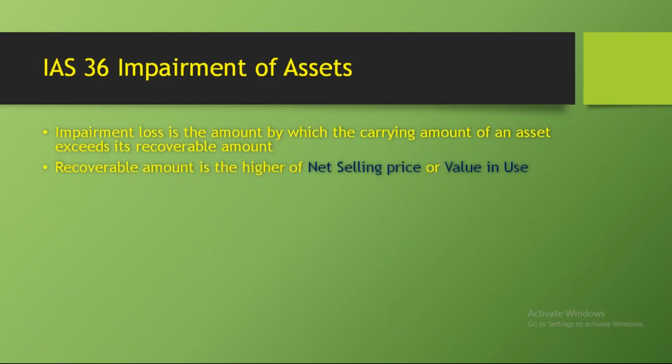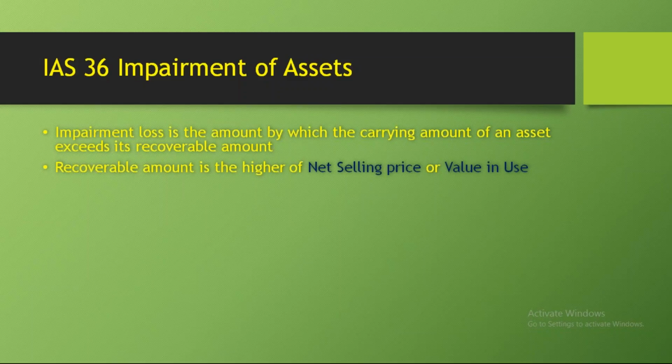So we know the recoverable amount is the higher of the net selling price or value in use. How do we calculate the value in use? We look at the present value of future cash flows from using the asset, discounted. How do we calculate the net selling price? It is the price at which we can sell, minus what we have to incur to sell.